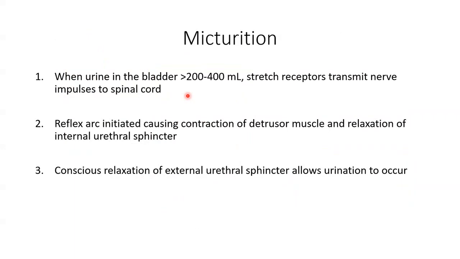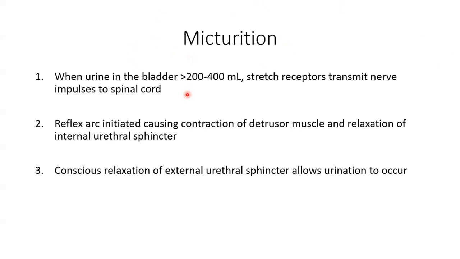Now, putting all of that into a bit of a text summary for you. When urine in the bladder exceeds 200 to 400 milliliters, we have stretch receptors that transmit nerve impulses to the sacral spinal cord, up to the micturition center.